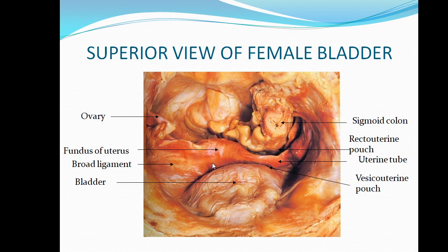Here is the body of the uterus, and here the peritoneum is reflected from the superior surface onto the body of the uterus, forming the vesico-uterine pouch. This is the uterine tube, and this is the broad ligament of the uterus.